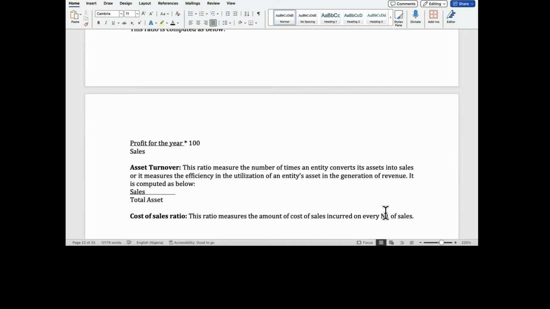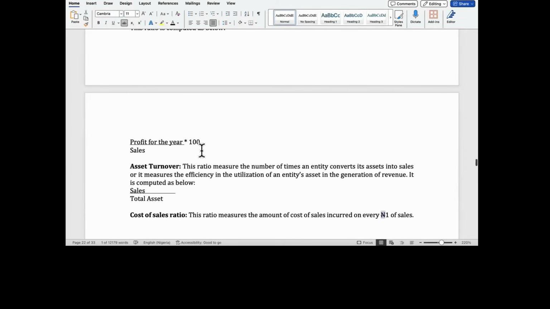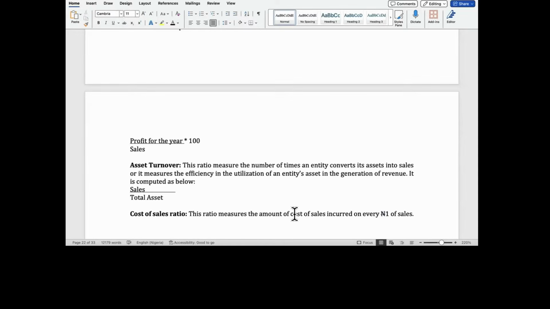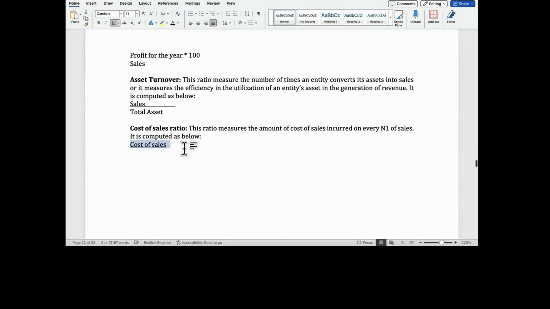So how much cost of sales are you incurring on every sale? It is computed as below: your cost of sales over your sales.